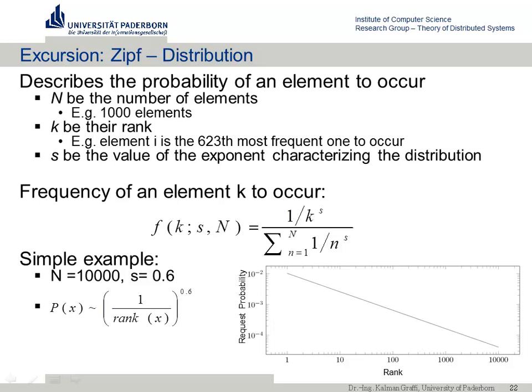To give you an example, with n equals 10,000 and s is 0.64, the probability that the next element will be x, which is between 1 and 10,000, is basically that you take the rank of that element, put it in this formula, and this graph is basically the result.